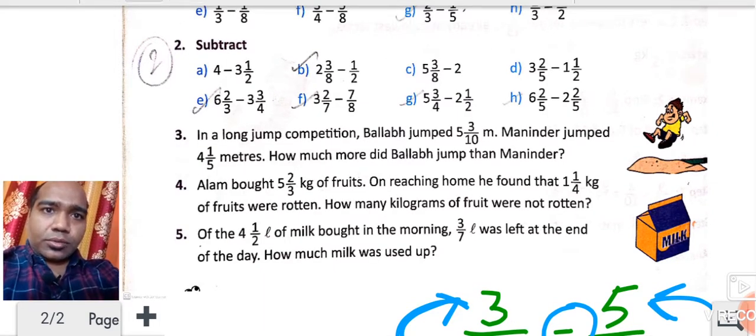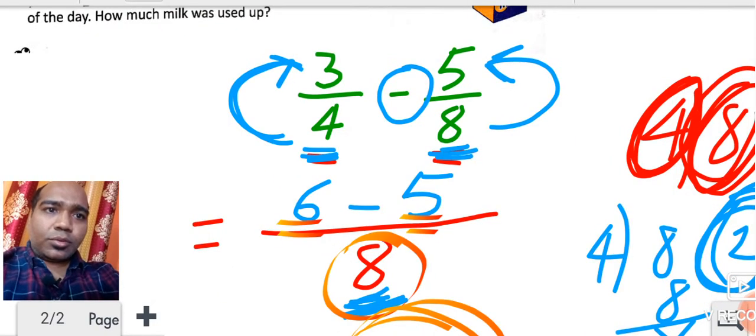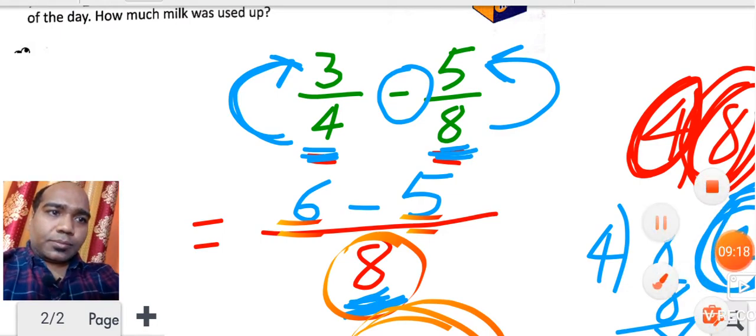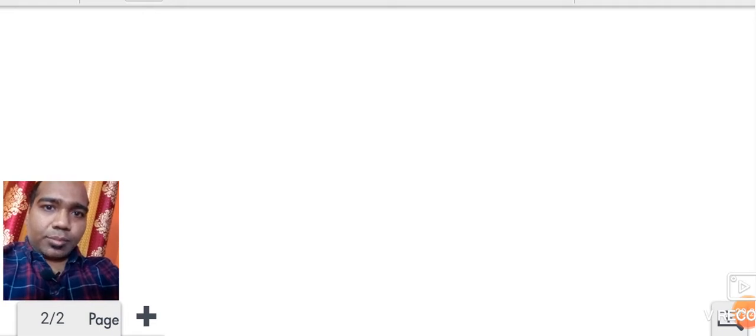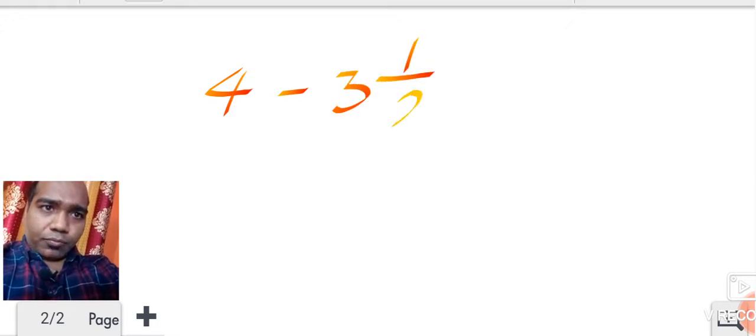So now just look here, question number 2a. This question I am solving. 4 minus 3 whole 1 by 2. Okay, so we'll write that part. 4 minus 3 whole 1 by 2.